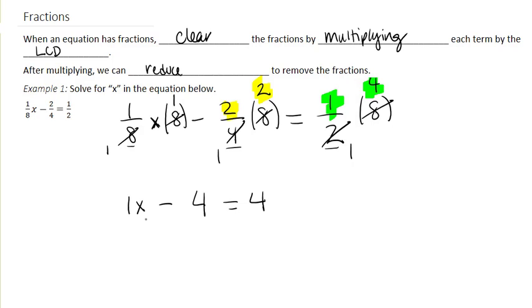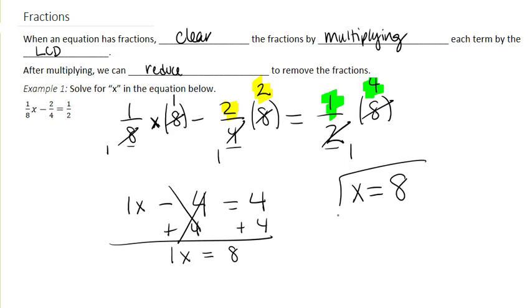So then this becomes a problem like we've seen before, so we're just going to add 4 to both sides. We'll get rid of it on the left hand side, so we get just 1x all by itself, and then we have 4 plus 4, so that's 8. So we're left with just x is equal to 8, and that would be our final solution to this problem.